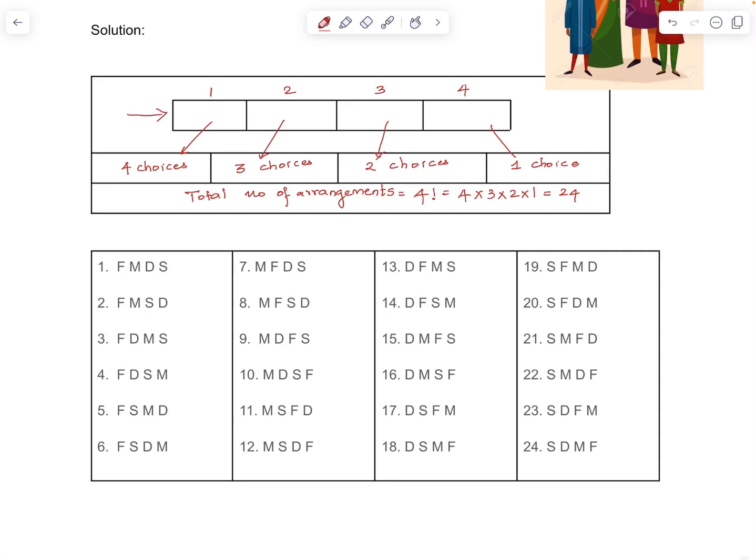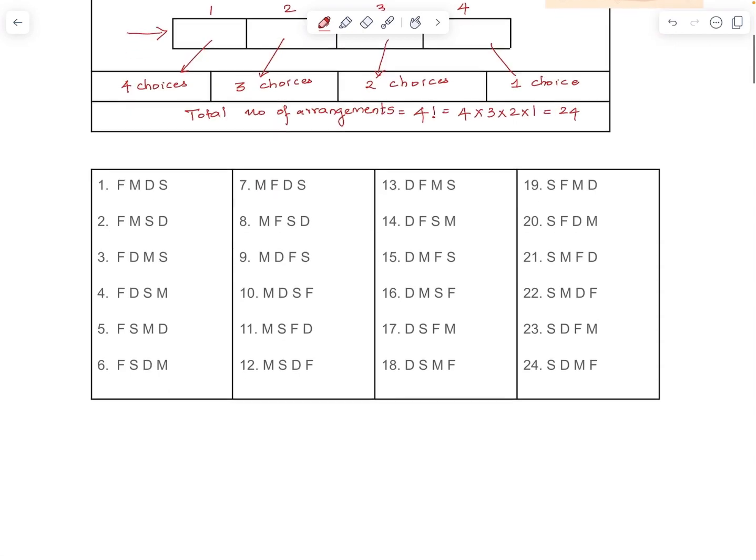I have kept this chart ready to reduce the video time, but I will tell you how you can write the same type of chart. So let's keep father in the first position. In the second position, I have kept mother, and then daughter, son. In the next arrangement it becomes son, daughter.